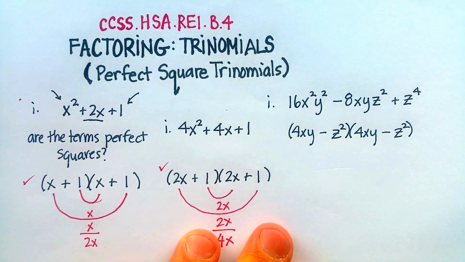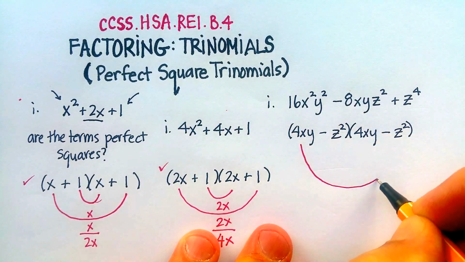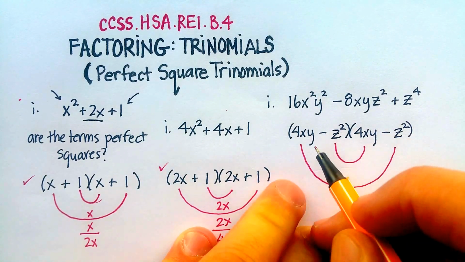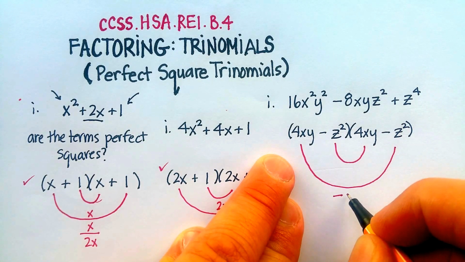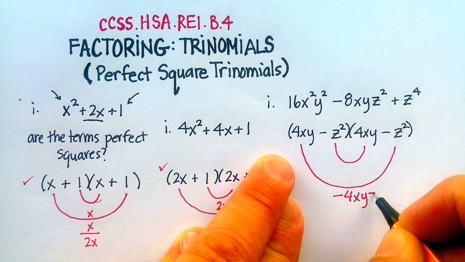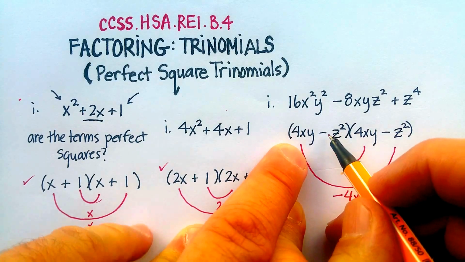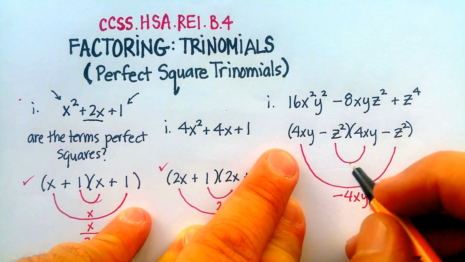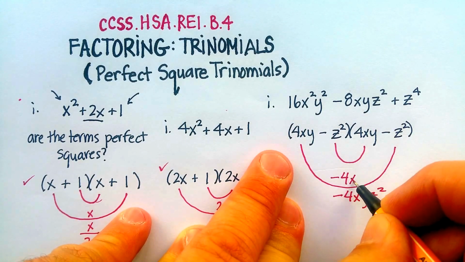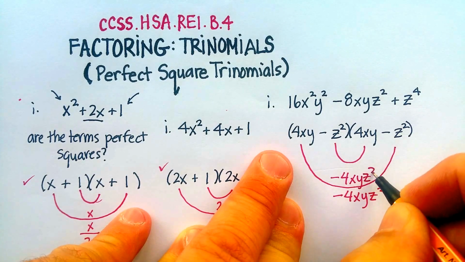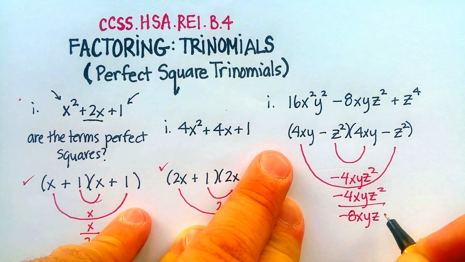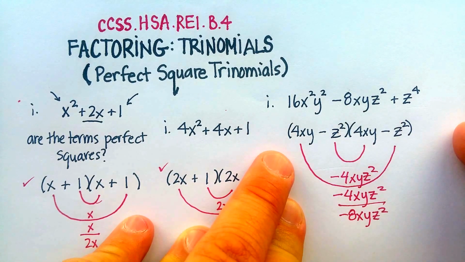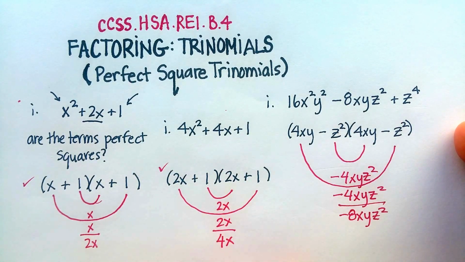Let's check to see if this is correct by looking at the smiley face. 4xy times negative z squared is negative 4xyz squared. Negative z squared times 4xy again is negative 4xyz squared. Add that up, you get negative 8xyz squared. Sure enough, there's the factored form.